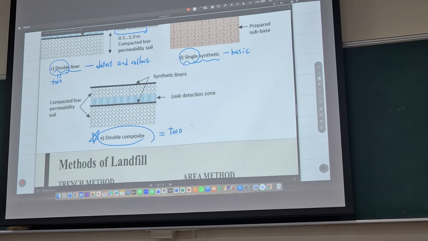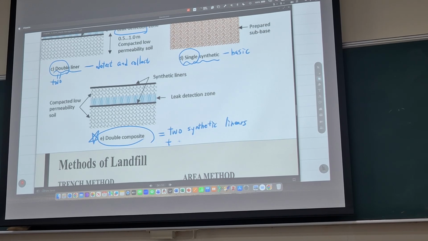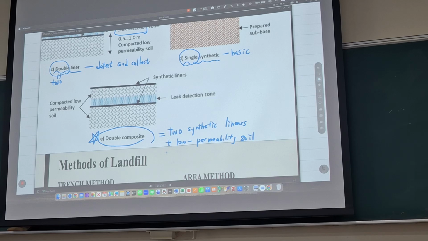This one is two synthetic liners plus low permeability soil plus leak detection zone.